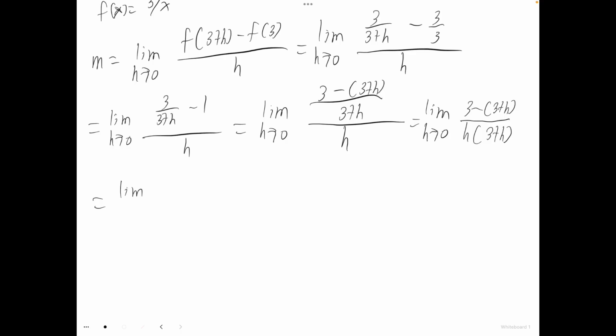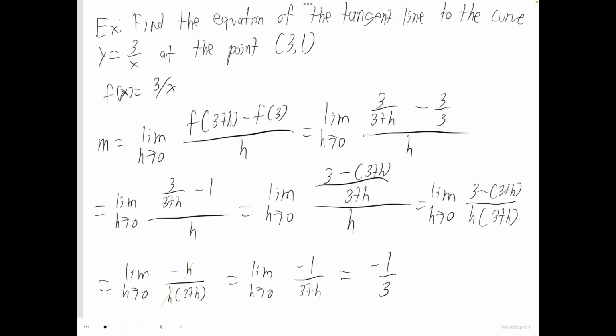So this is the limit as h goes to 0 of negative h divided by h times 3 plus h. Our h's on the top and the bottom can cancel, and so we have the limit as h goes to 0 of negative 1 over 3 plus h. And plugging 0 in for h, we get minus 1/3. So the slope of our tangent line is minus 1/3.